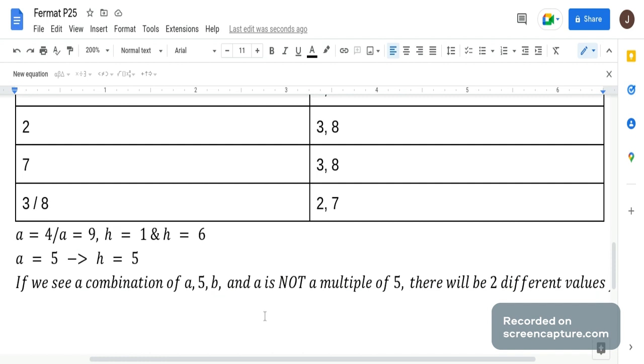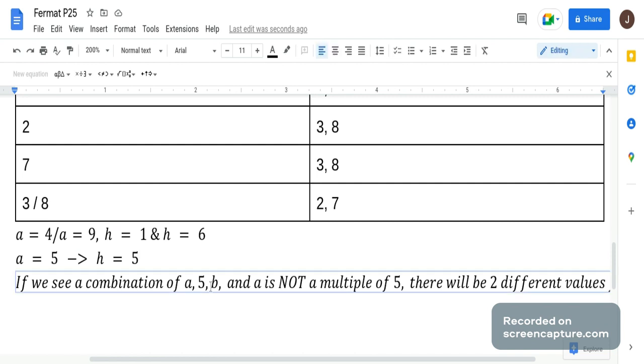Just wait for a sec. This will be one of the most important concepts that will be the basis for us to solve, like we do the caseworks. So you must know this theorem. If we see a combination of A, 5, B, and A is not a multiple of 5, there will be 2 different values.